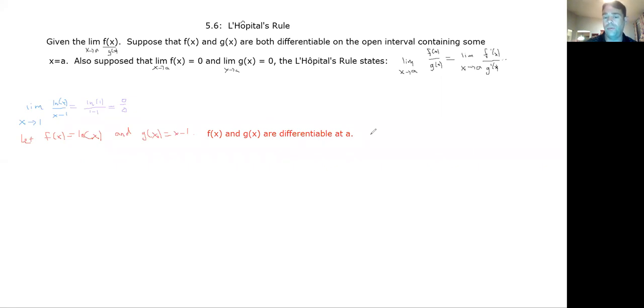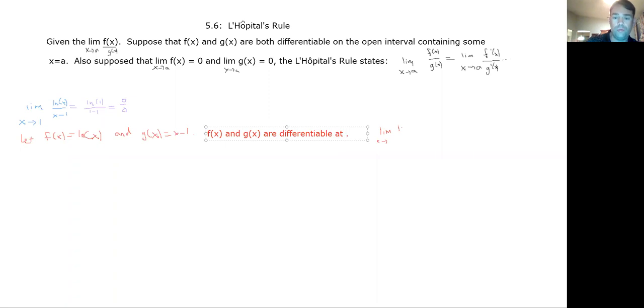Then the next thing we have to do is deal with the limits, because that was the second part. Do the limits equal 0? So the limit as x approaches a of the natural log of x, oops, not a, sorry about that. I should have used the value here. I should use 1, not a.